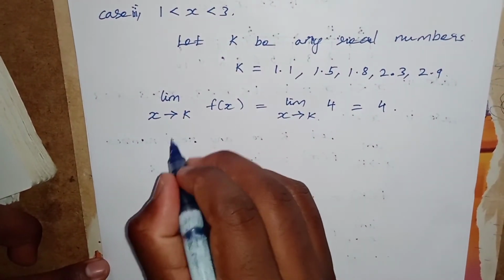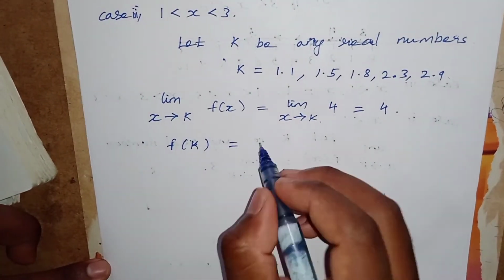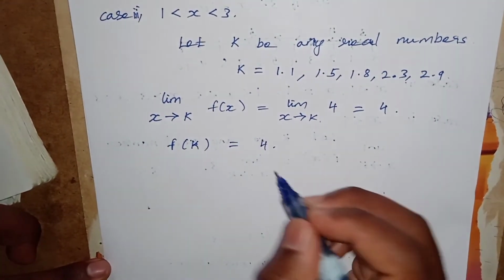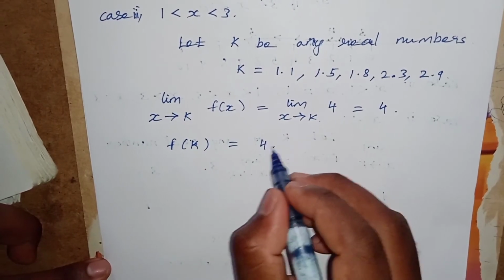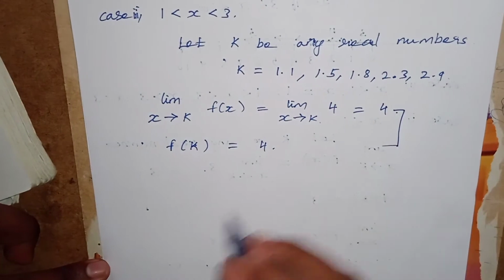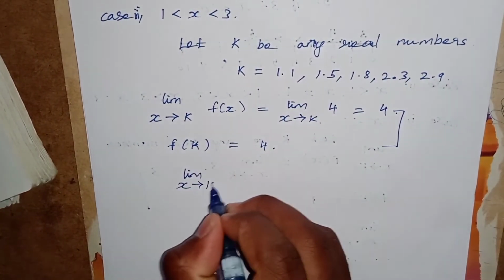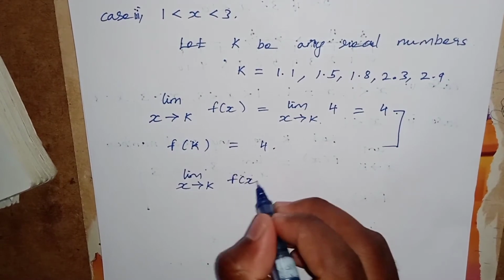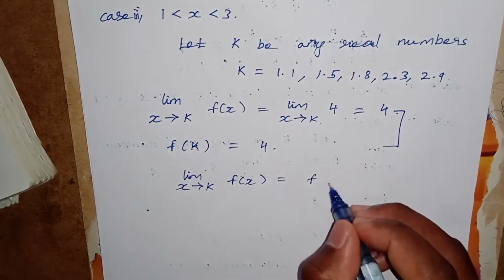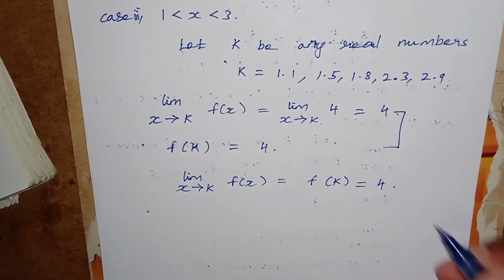Next, f of k also is 4, there is no value of x to substitute for k, therefore 4 is my answer. Therefore limit x tends to k, f of x is equal to f of k, which is equal to 4.